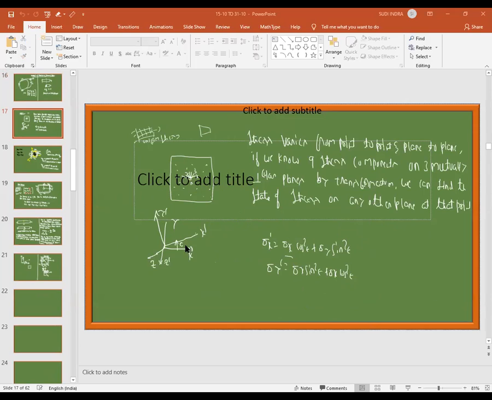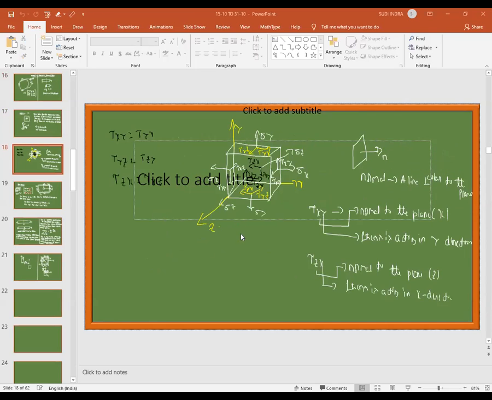Transformation, in the sense from one coordinate system to another, we are transforming. For that, we will find the stress on the other coordinate system with reference to the given coordinate system. This is the representation of stress: tau xy, where x indicates the normal to the plane, y indicates the direction of stress.